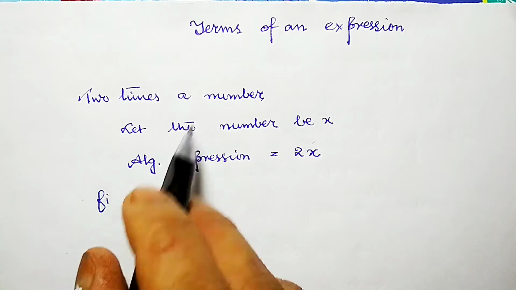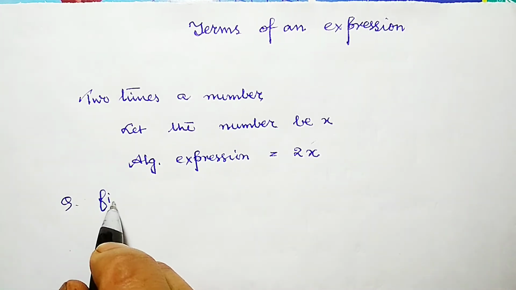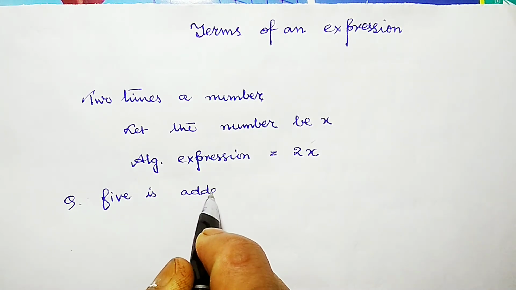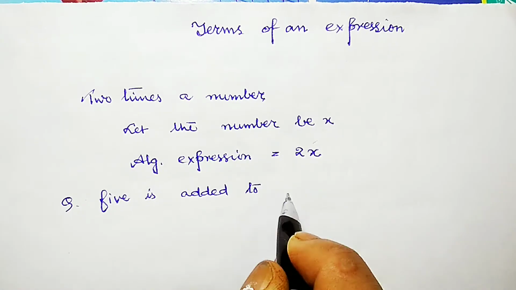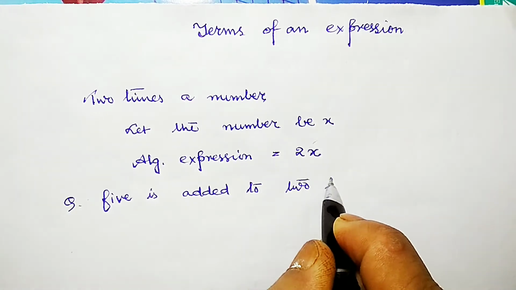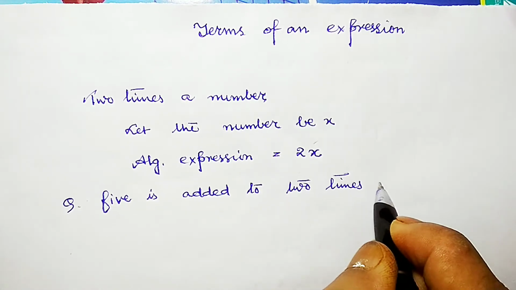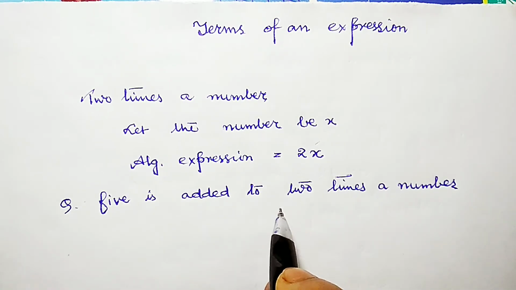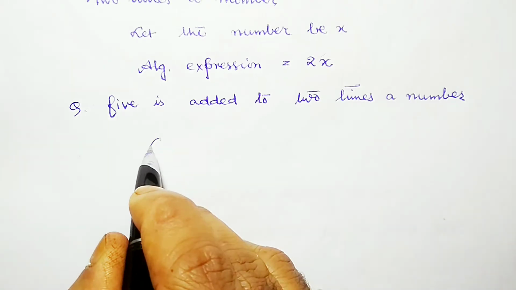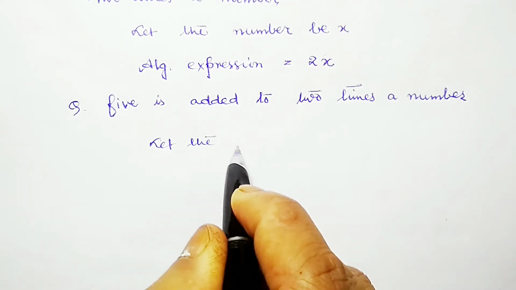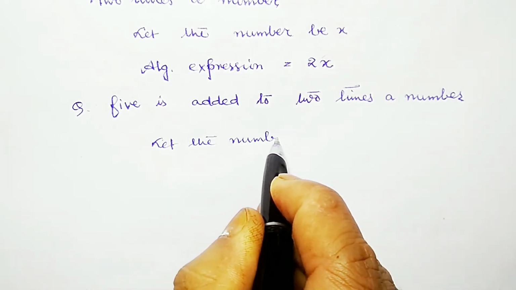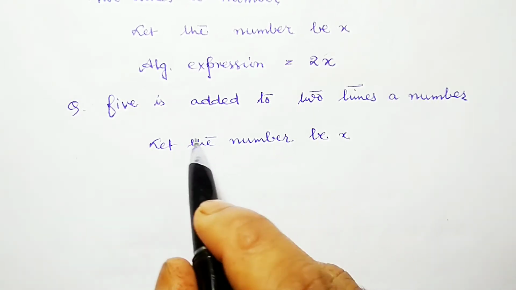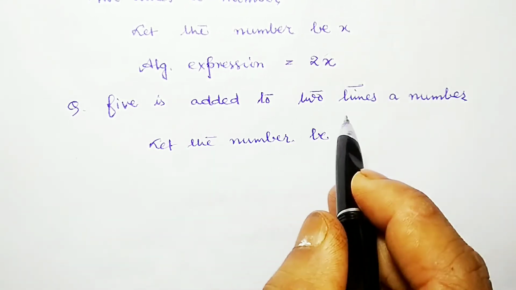Now if I modify this question, suppose the question is: 5 is added to 2 times a number. We have to write the algebraic expression for it. Let the number be x. Now it is given 5 is added to 2 times a number.